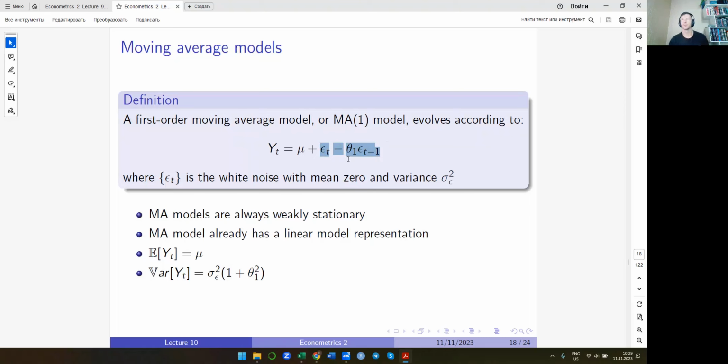We care only about these two terms. What is the variance of epsilon t? This is sigma squared. What is the variance of theta 1 epsilon t minus 1? This is theta 1 squared times sigma squared. Now sigma squared goes out of the bracket and we have 1 plus theta 1 squared. This is even easy to imagine without any derivations and computations.